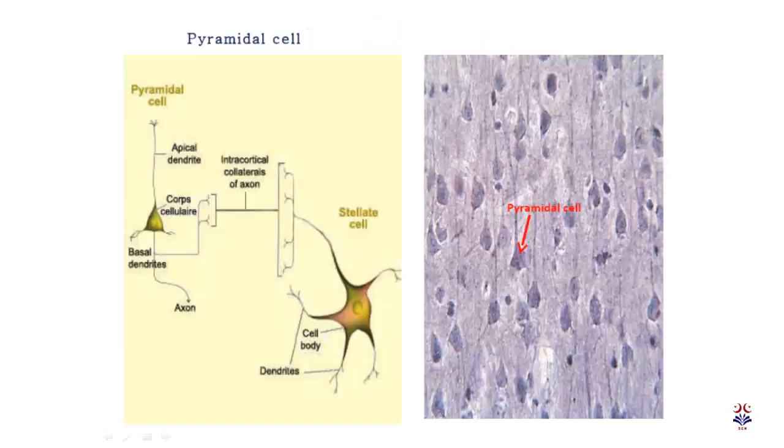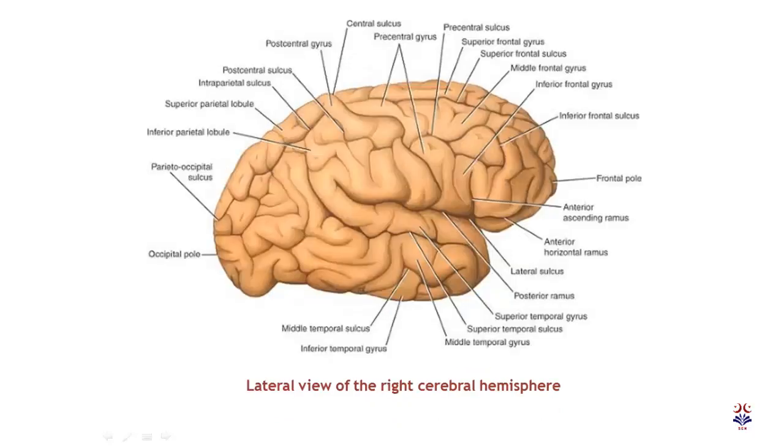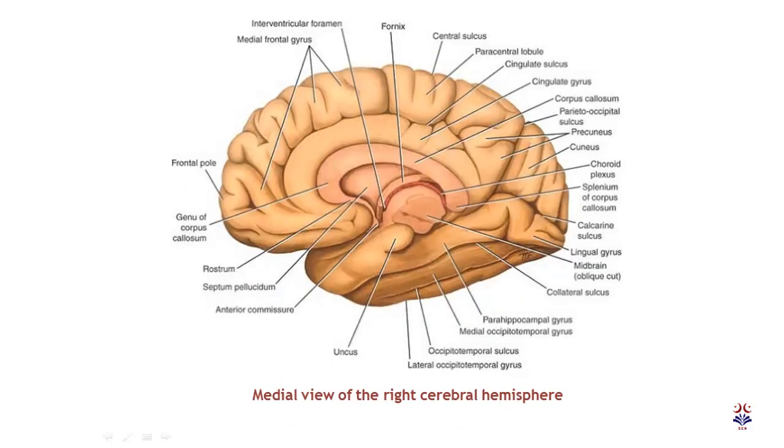This picture also shows the pyramidal cell, and these are the stellate cells, the star-shaped cells. This is the cerebral hemisphere showing different gyri and sulci from the superior view. Then this is the lateral view of the right cerebral hemisphere. This is the medial view of the right cerebral hemisphere showing different sulci and gyri.